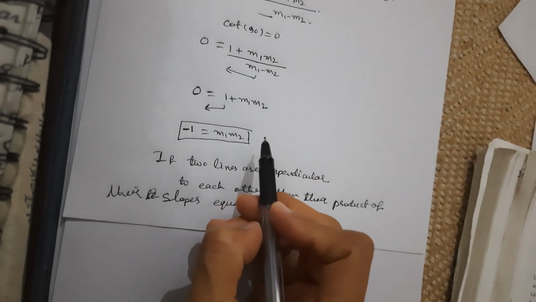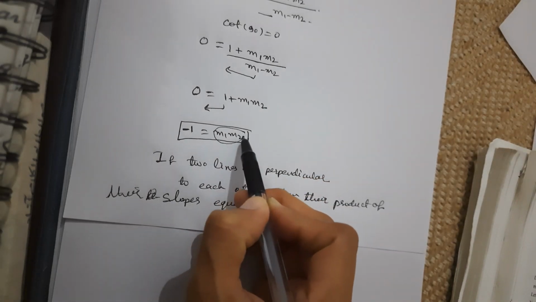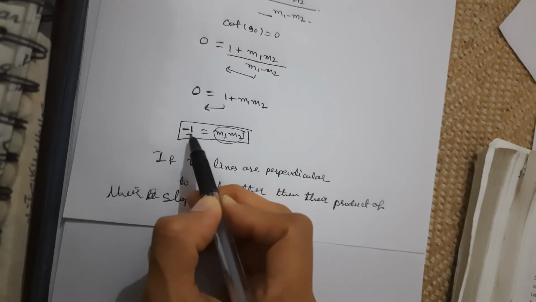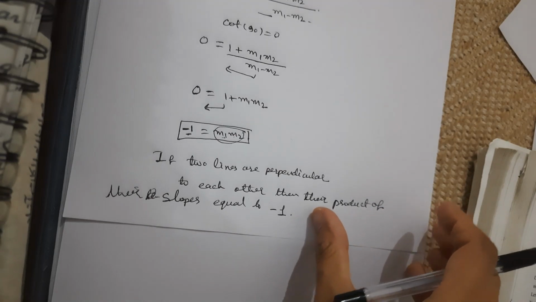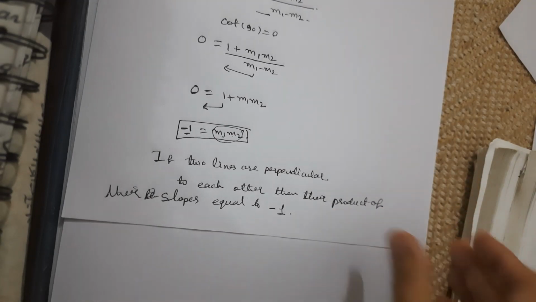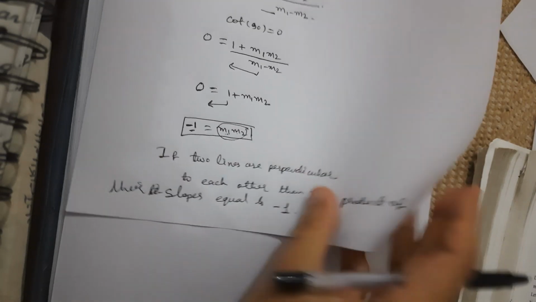So if you find two lines such that the product of their slopes is minus 1, then we conclude that the two lines are perpendicular to each other. So I hope you understand the concept of these things. These are very important and I want you to remember.